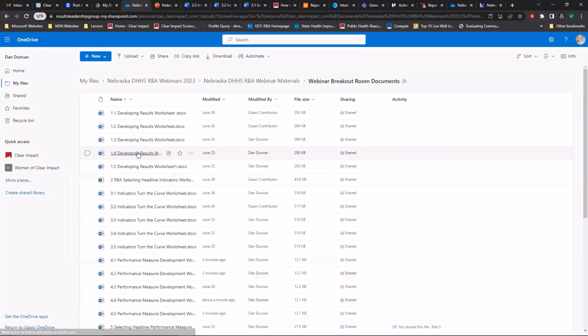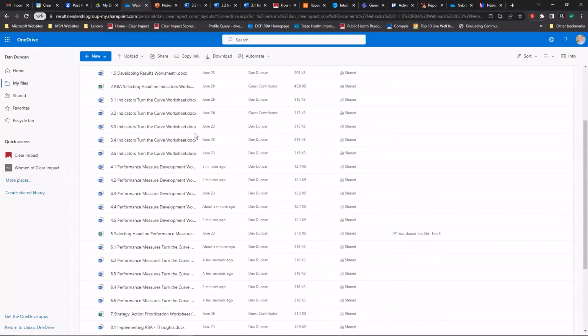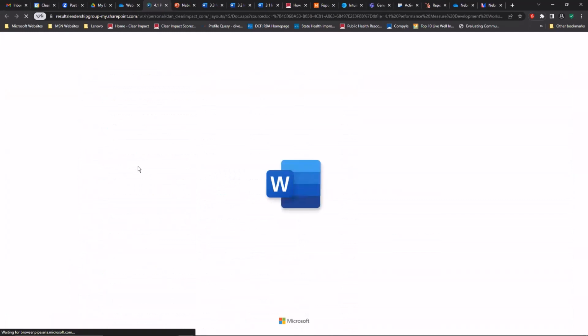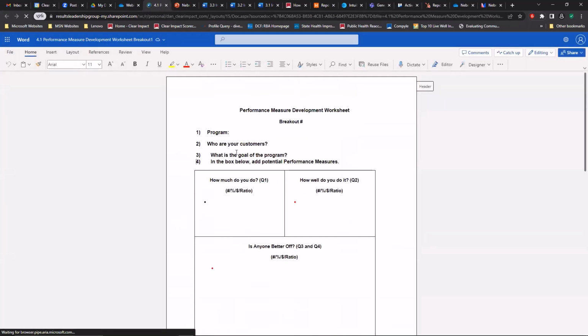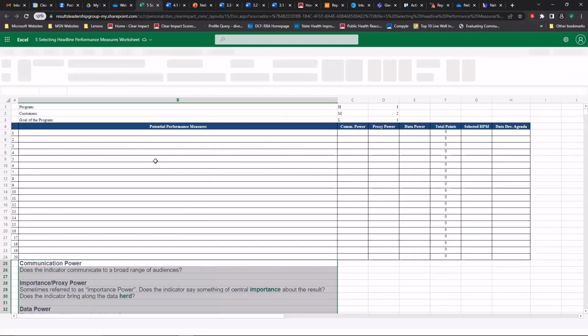Click that. And here are the ones we're going to use today. First one is 4.1 for group 1, which has the document, and 4.2 for the other group. And then here at 5 is the one for selecting your headline performance measures.